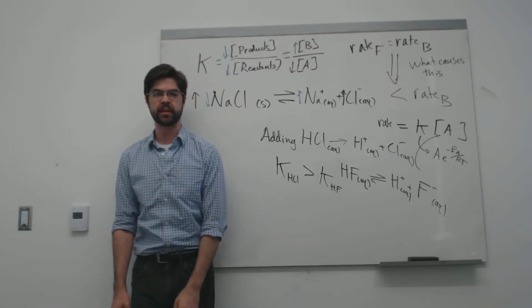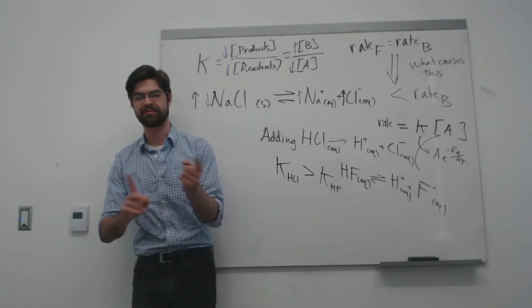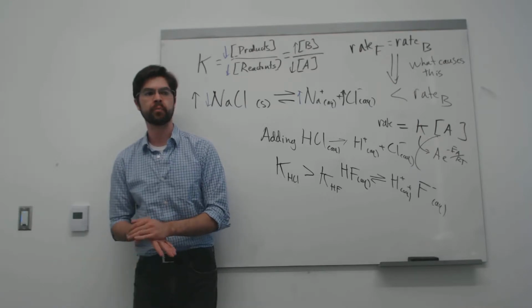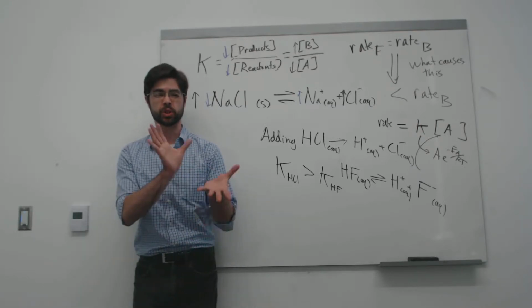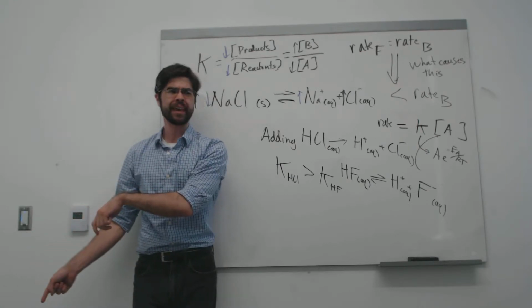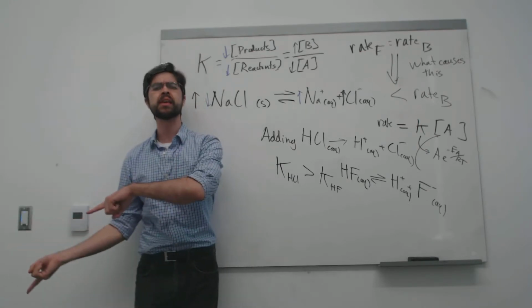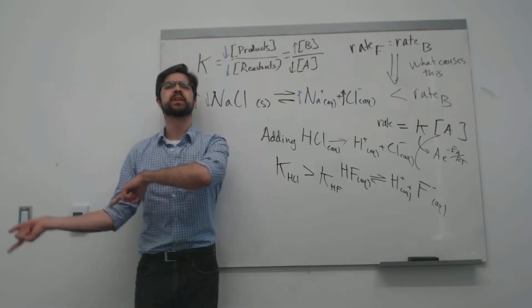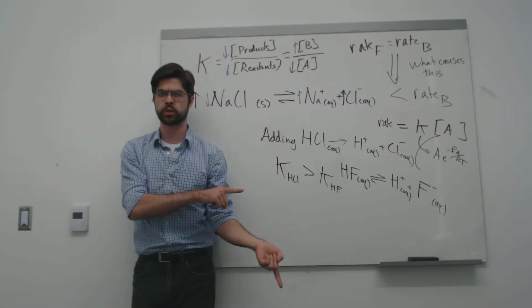I would say that it's wrong to look at it from that perspective. We don't think that the concentrations determine the equilibrium constant. It's the other way around. The equilibrium constant determines the concentrations.